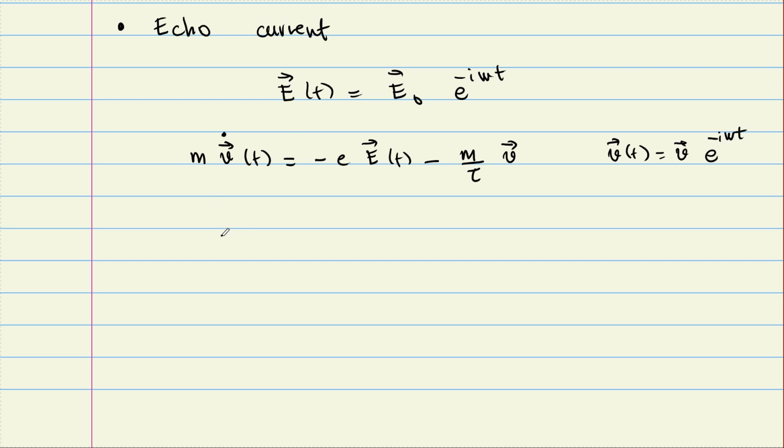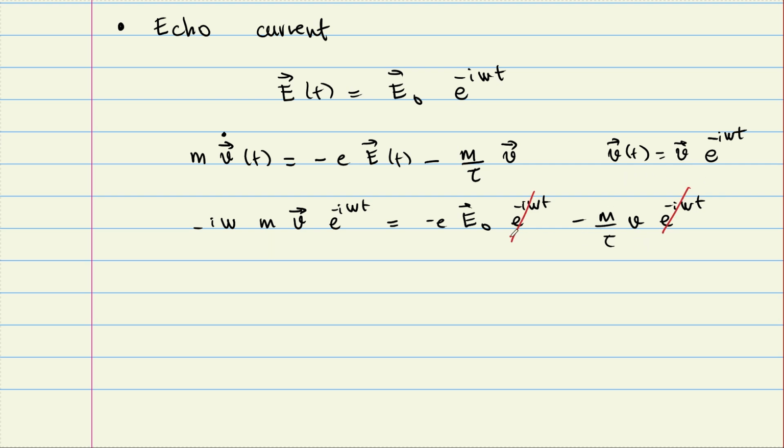Let me substitute this. So this is going to be minus i omega m v e to the minus i omega t equals minus e0 e to the minus i omega t minus m over tau v e to the minus i omega t.